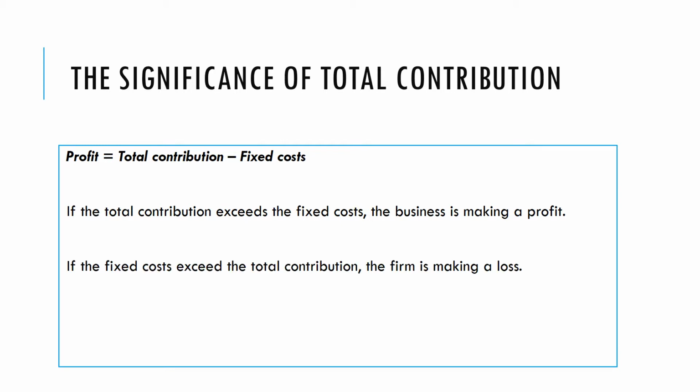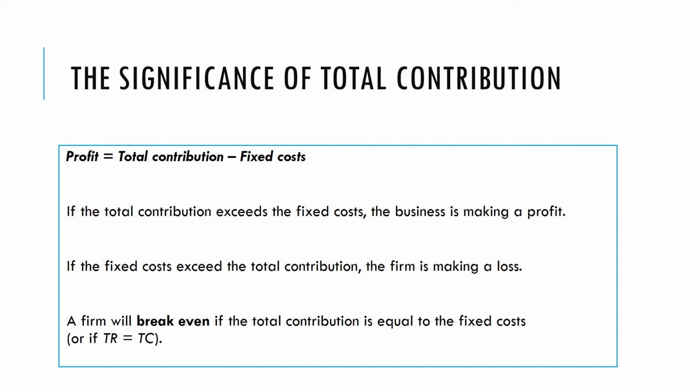However, if the fixed costs are bigger than the total contribution, the business would be making a loss. Not happy days, sad days. Now a firm will break even, not make a profit, not make a loss, if the total contribution is equal to the fixed costs. And this concept is an important concept, and we're going to look at it next.